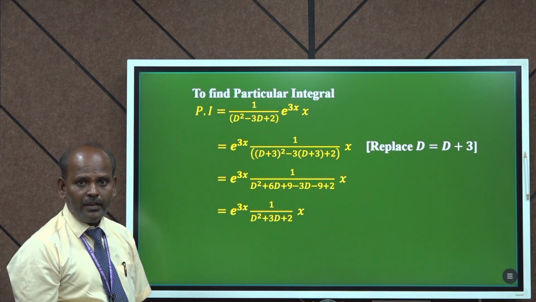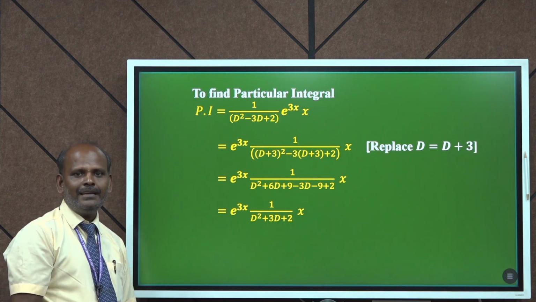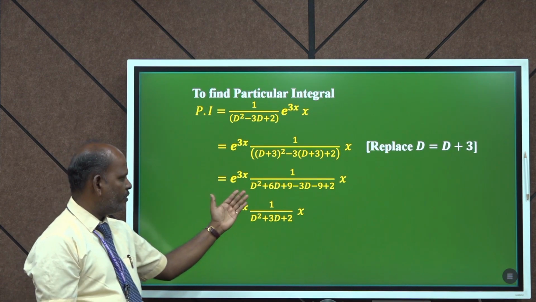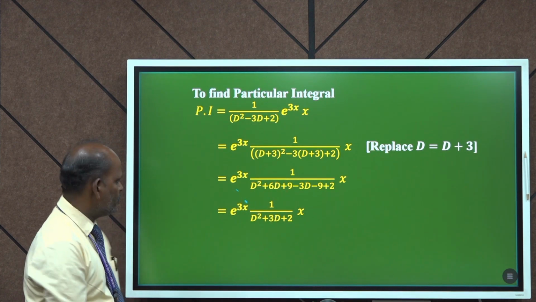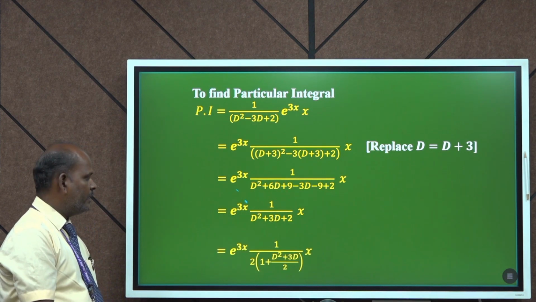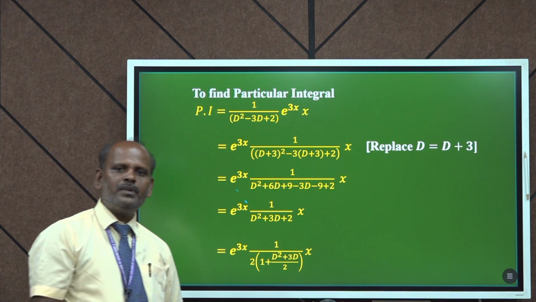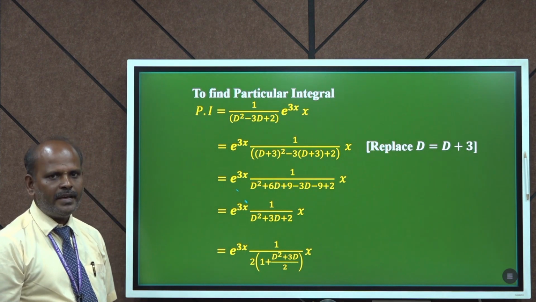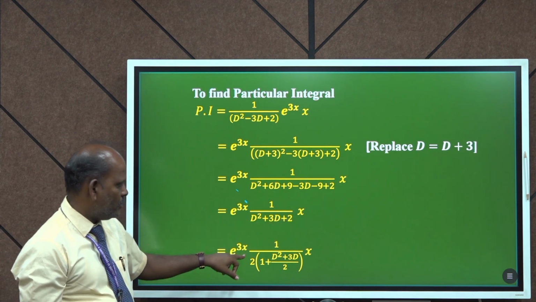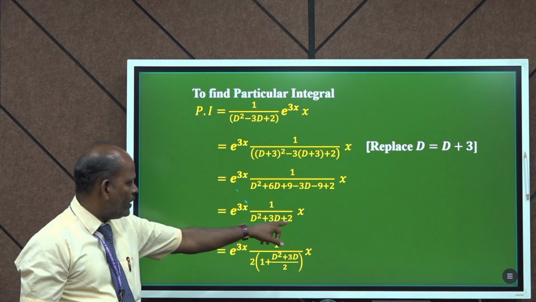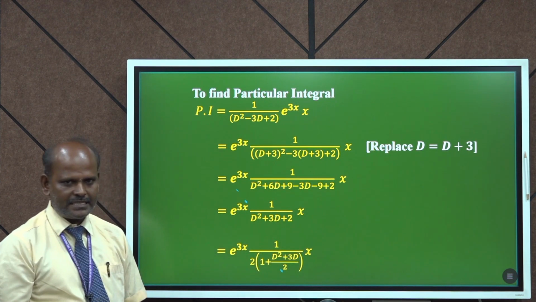Since D is available, our solution is not over. Now we apply type 3 because it is of the form 1 by f of D of x. In type 3 we use the binomial series formula, either 1 plus x the whole power minus 1 or 1 minus x the whole power minus 1. So we take 2 outside, 2 into 1 plus (D square plus 3D) divided by 2 of x.